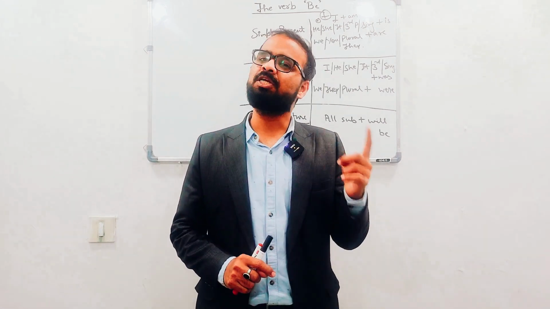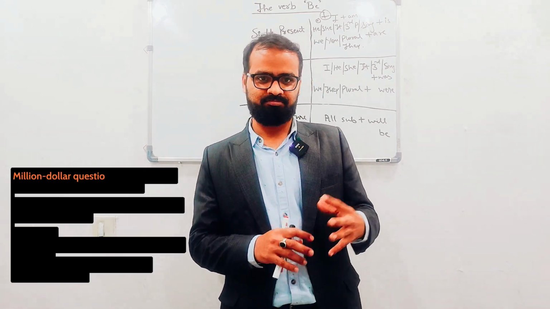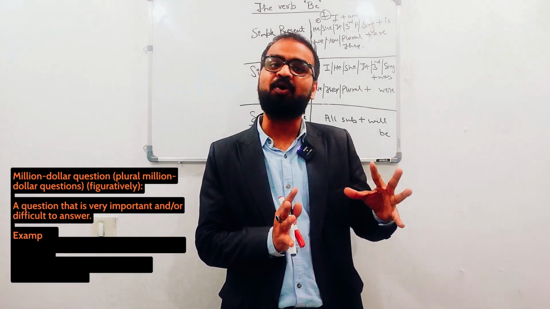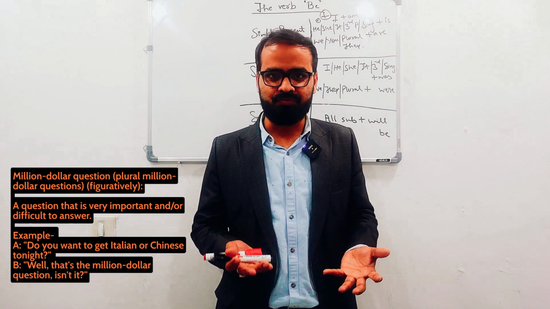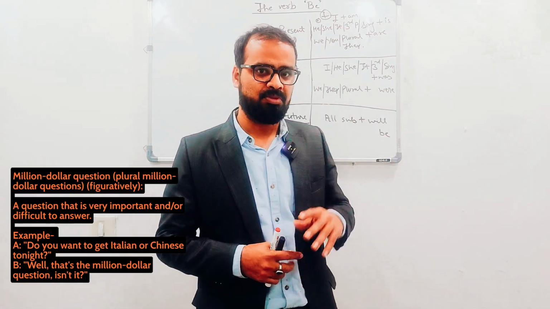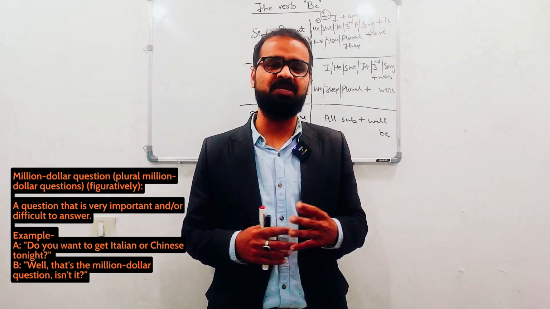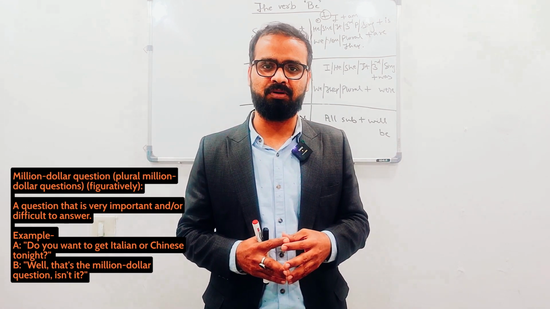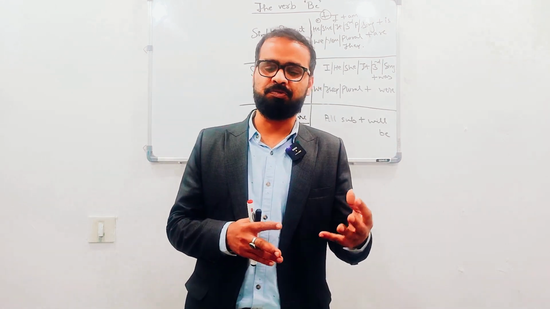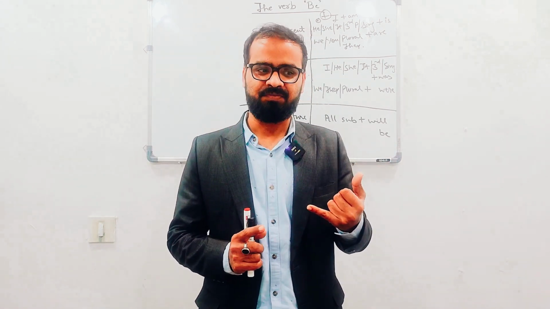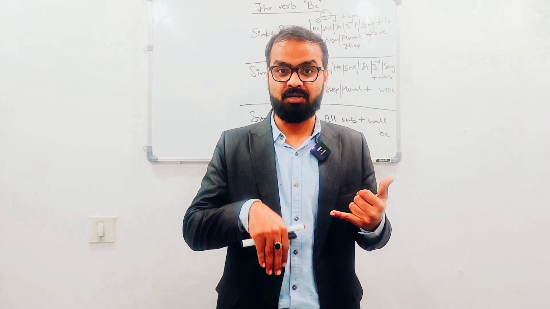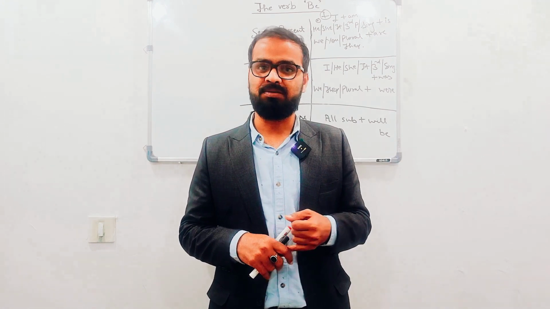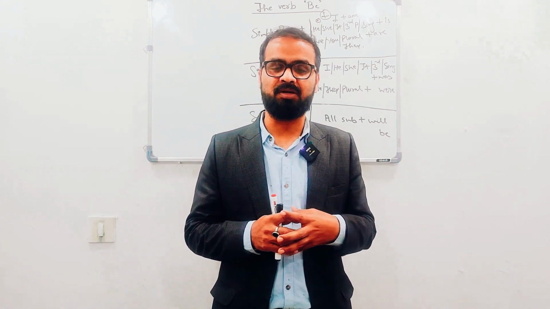So, the million dollar question, or the most important question I can say, is: why do we use the be verb? You use the be verb majorly to talk about existence. For example, I am here in the class. Or to talk about something that occurs.